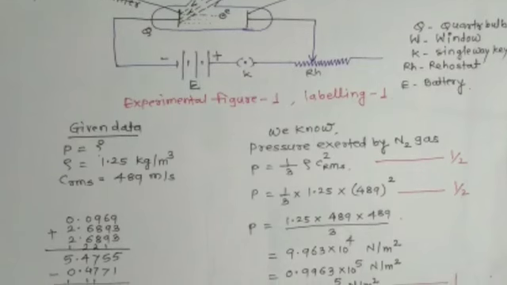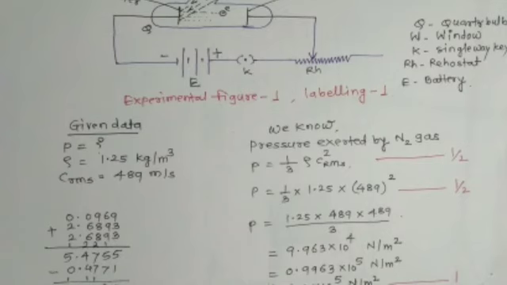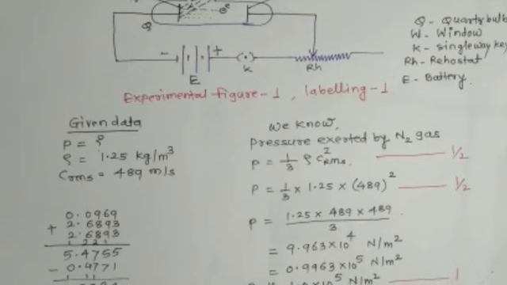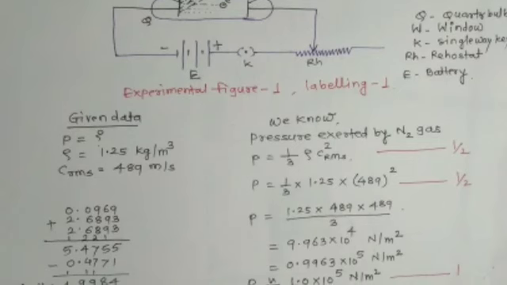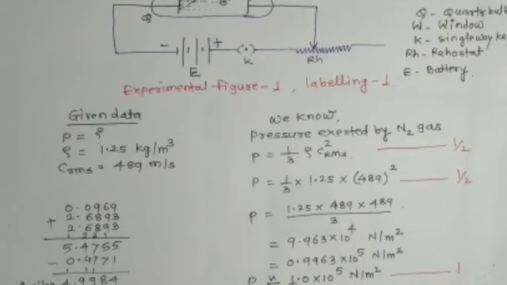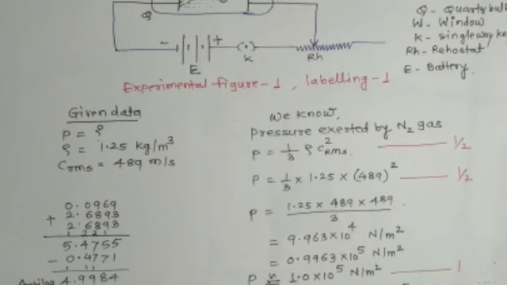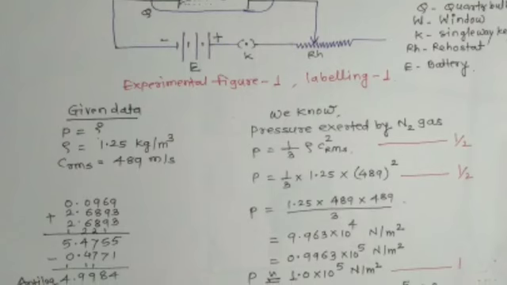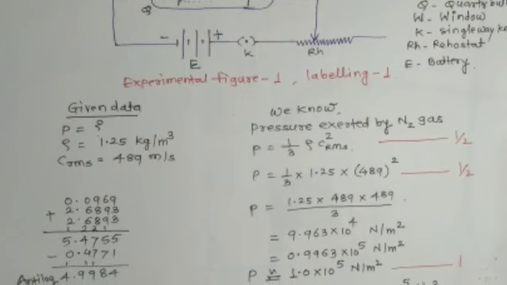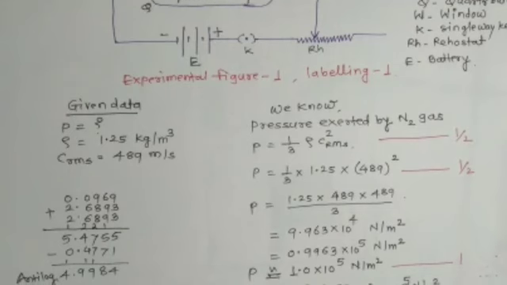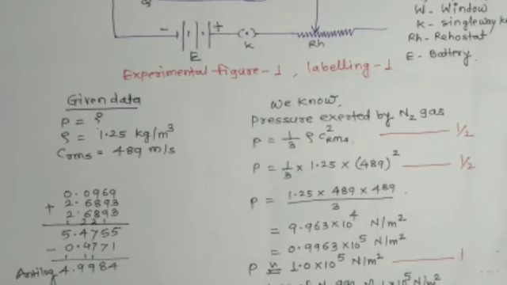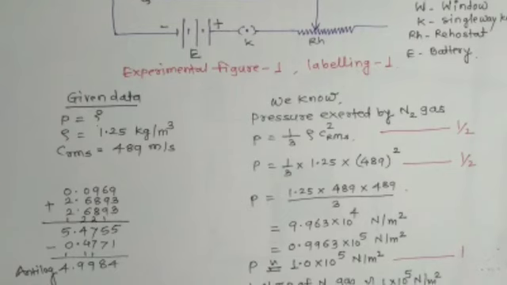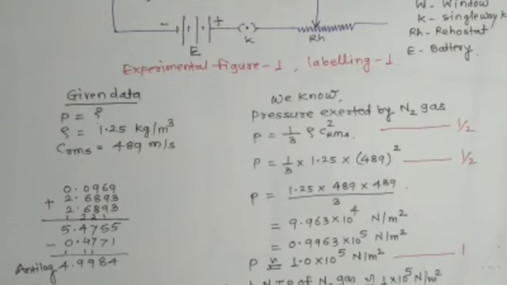And in numerical, first we see the given data. Pressure equal to question mark. Density rho is equal to 1.25 kg per meter cube. And RMS velocity C_rms is equal to 489 meter per second. We know pressure exerted by nitrogen gas will be 1/3 rho C_rms square.